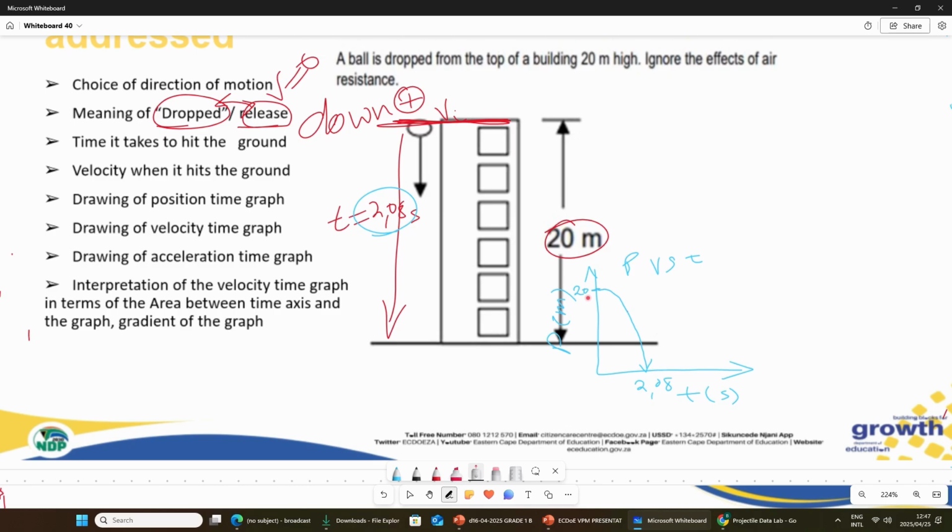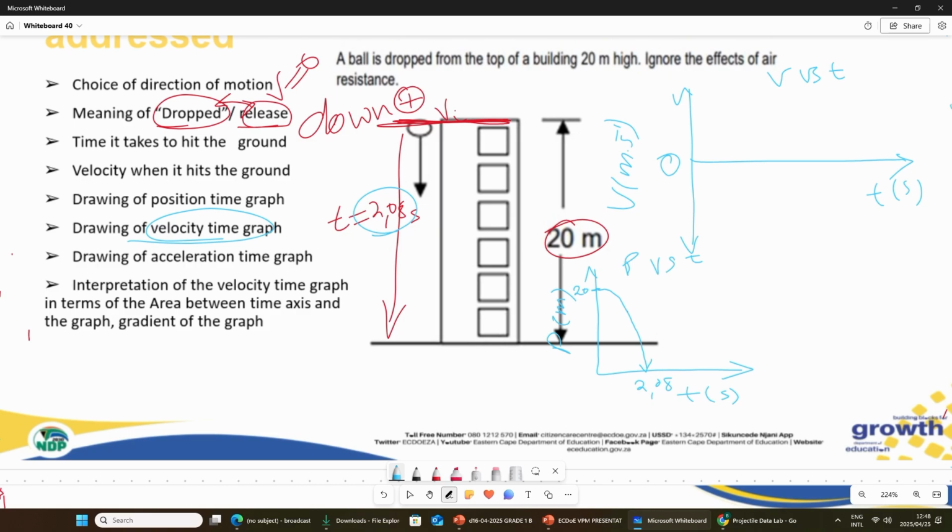Now let's quickly go to drawing the velocity versus time graph. Let me say V versus T, whereby here we have the time in seconds, and on the y-axis we have velocity in meters per second.